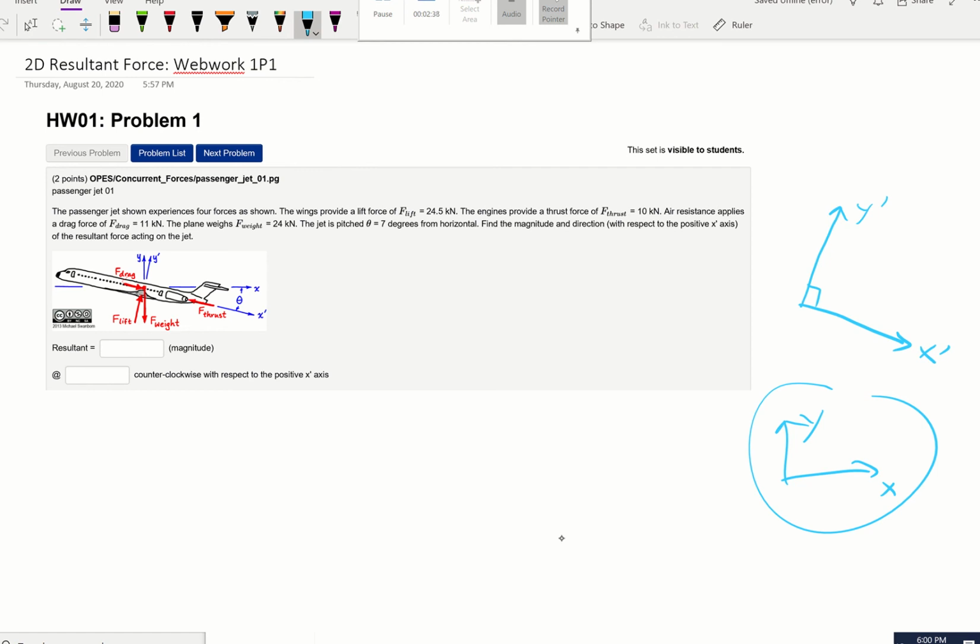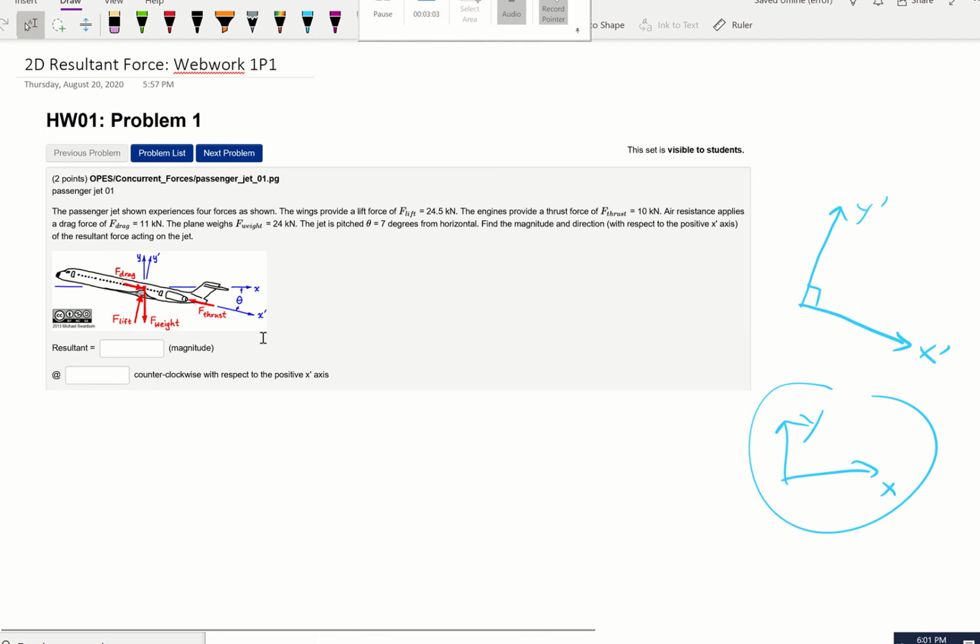However, the drag and the thrust are not. So in that situation, F drag and F thrust have to be decomposed in the x direction, and F lift is also going to be decomposed into x and y directions. Well, you have to decompose three forces.